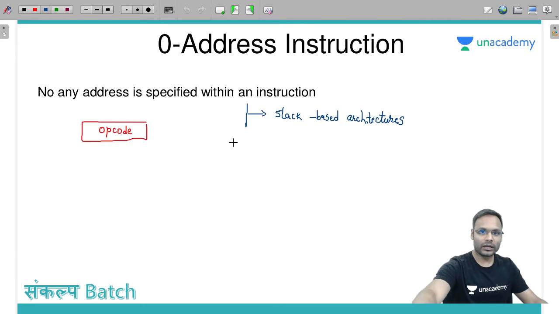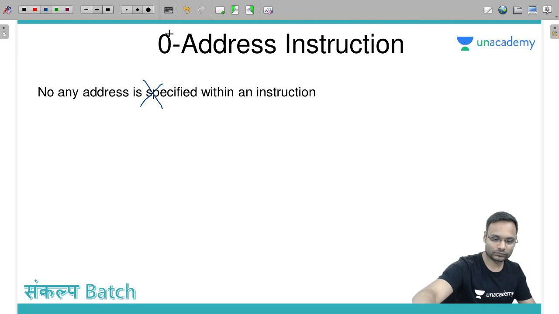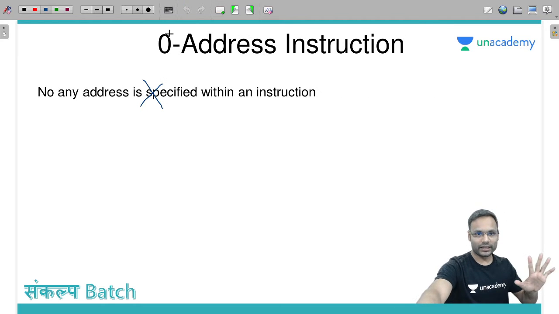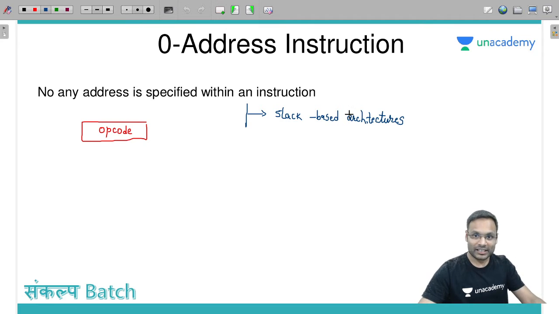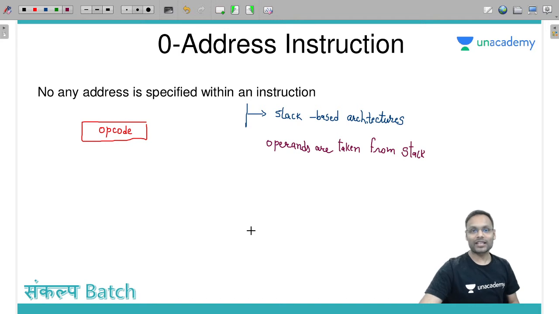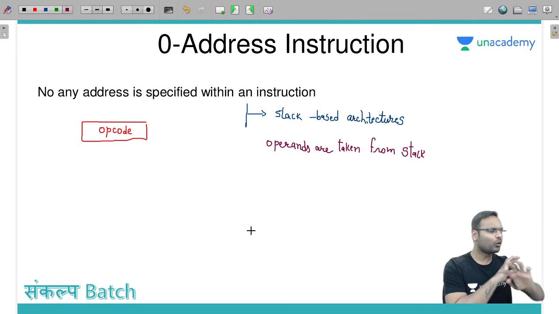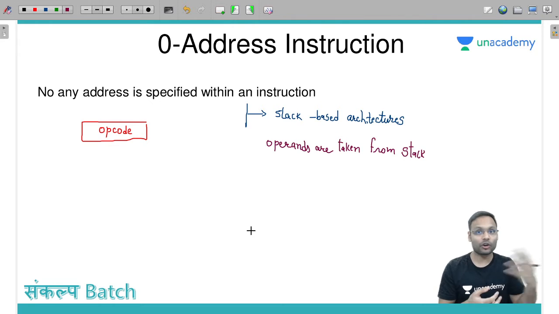Zero address instruction. Now look, the zero address instruction is a stack based architecture, meaning the operands are taken from the stack. So of course a stack pointer is required. Will the remaining others also have stacks? Yes. Why? Because the stack is not only used to store operands. A stack can be used to store multiple things like return addresses, activation records, and so on.